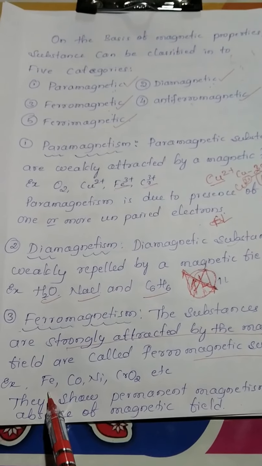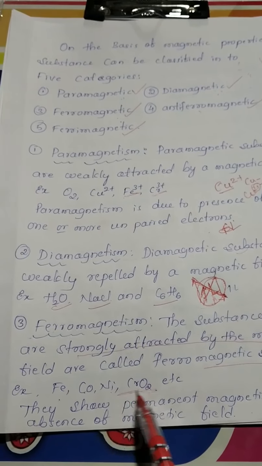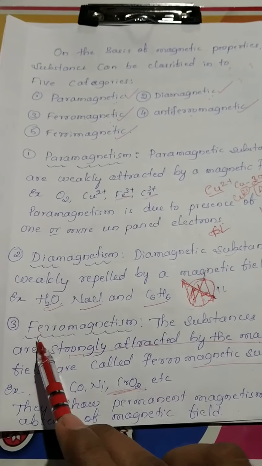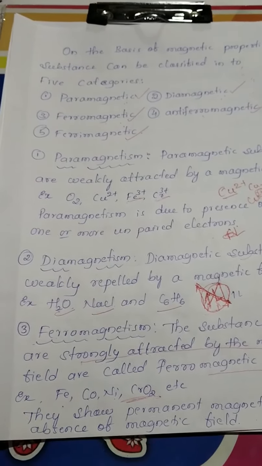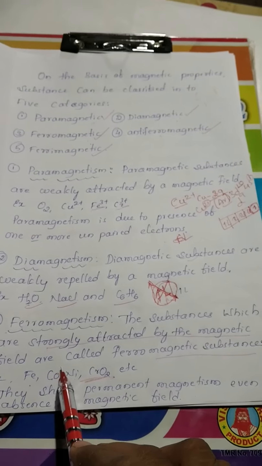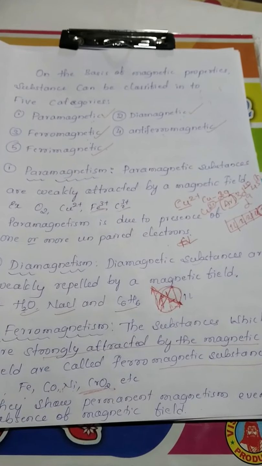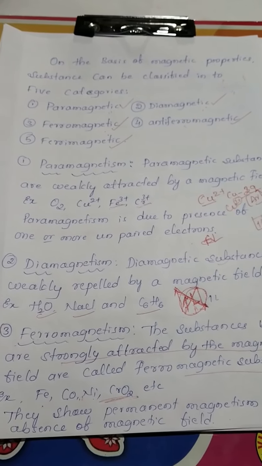Example, iron, cobalt, nickel, CrO2, chromium dioxide, etc. These are examples of ferromagnetism, and are called ferromagnetic substances because they are strongly attracted by the magnetic field.